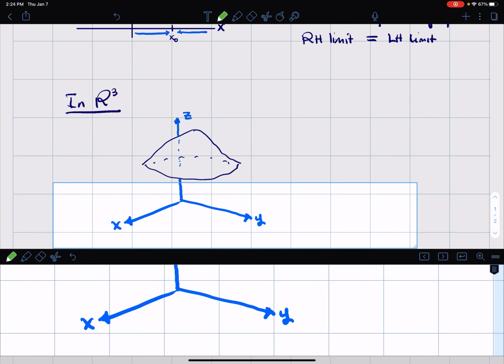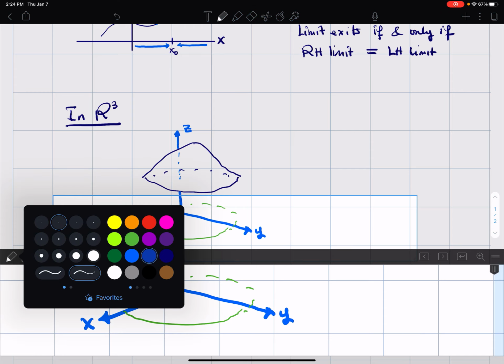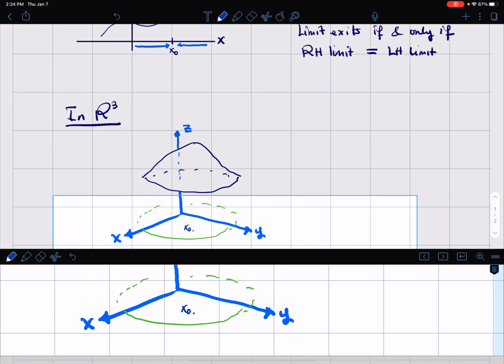Let's get a subset of the domain of the function. So let's just look at this area, for instance. And then let's look at the point x naught, y naught. This point over here.